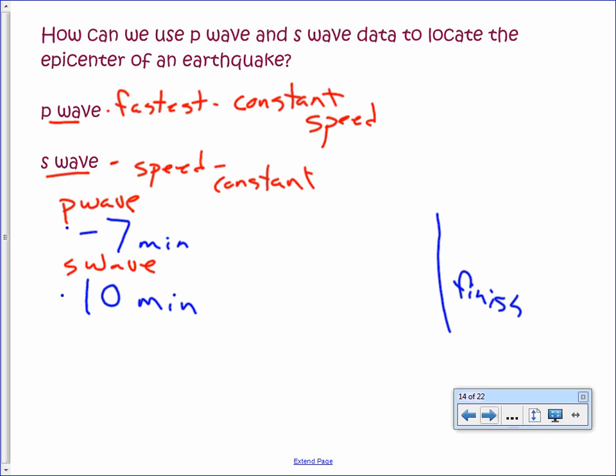The graph says, if there's 2 minutes between the arrival of the P wave and the S wave, then the epicenter is this far away. Does that kind of make sense? So that's the activity we're going to do tomorrow, looking at that. But this is what it amounts to. If they always travel at the same speed, you know. You know if these two people ran at that constant speed for the whole race and finished 30 minutes apart, you know that the race was 10 miles long.